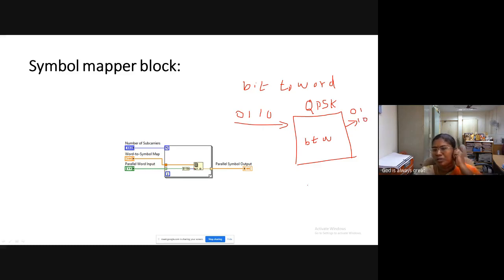It takes the input like this and converts it into sets of words.